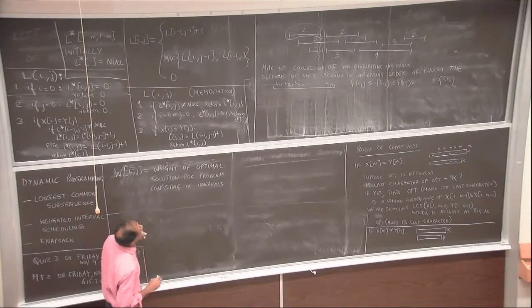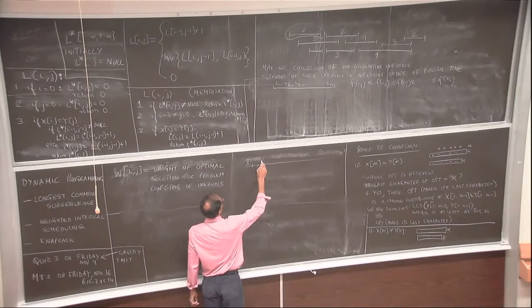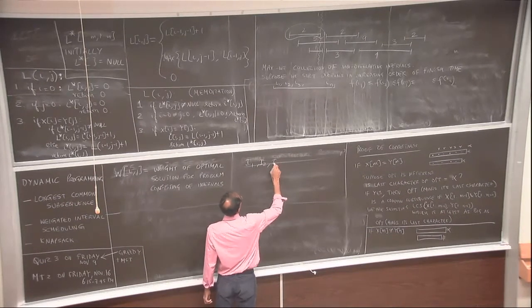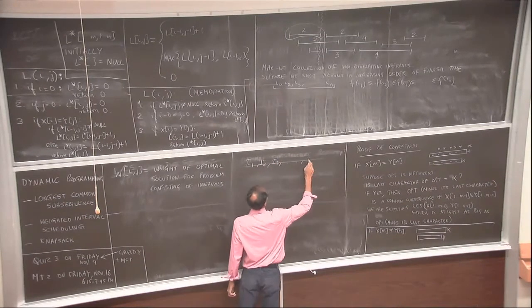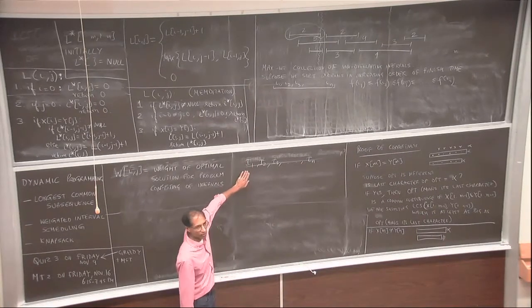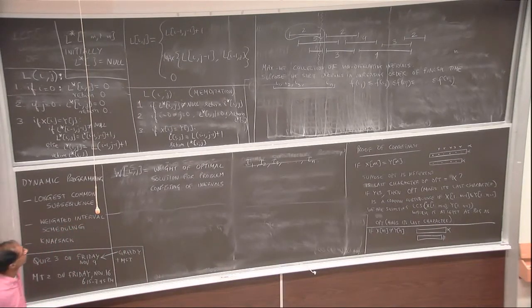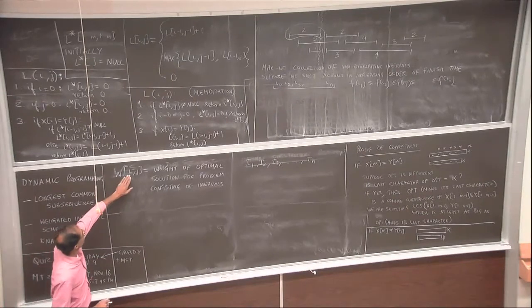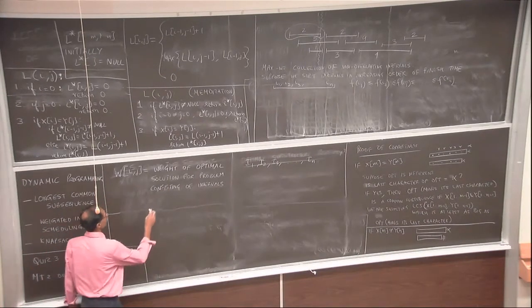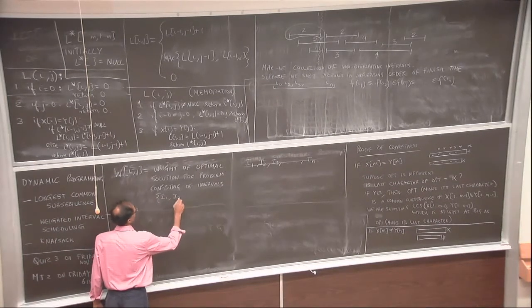Imagine the intervals are capital I1, capital I2, through capital IN. So weight W_ij is the weight of the optimal solution for the problem consisting of intervals i through j.